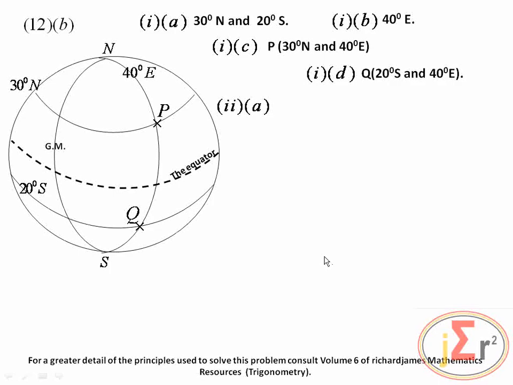We will now find the shortest distance between P and Q. And of course, the distance from P to Q is represented by this arc that we have right here. So we need to determine the length of that arc. The length of an arc, as we know, is a particular fraction of a circle.